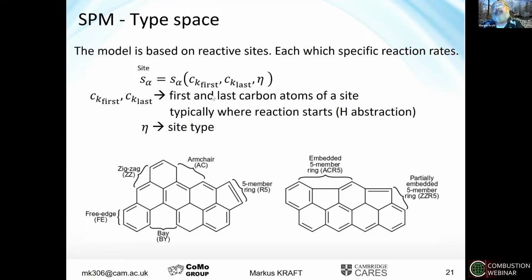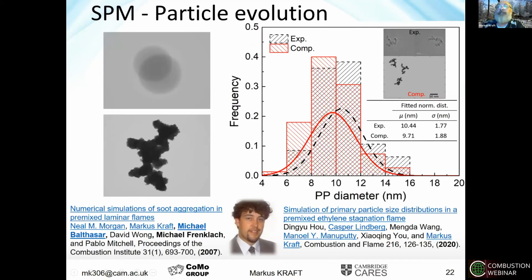The functional sites in turn are expressed in the following way. Here are examples: free edge, zigzag, armchair, 5-member rings, embedded 5-member rings, partially embedded 5-member rings, okay? And through this system, we can formulate a whole reaction scheme, okay?